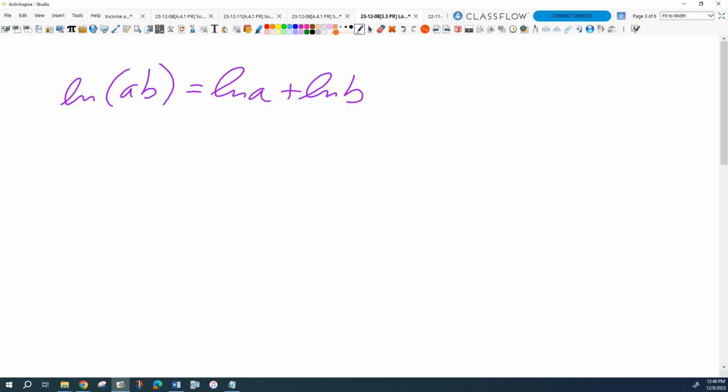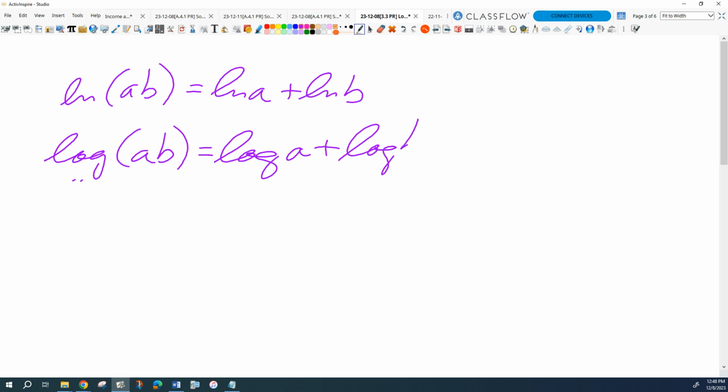I could just as easily have said the log base e of ab equals log a plus log b. Or I could have put a base 7 on that if I wanted to. Still going to work the same. Whatever log I'm using to take the log of a product, that appears in the other logs also, right? Okay, make sense?